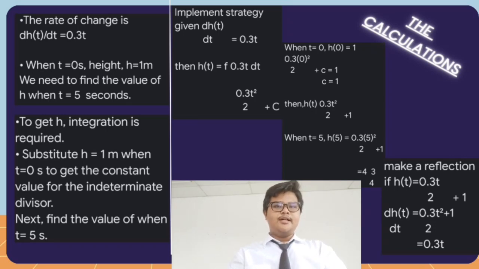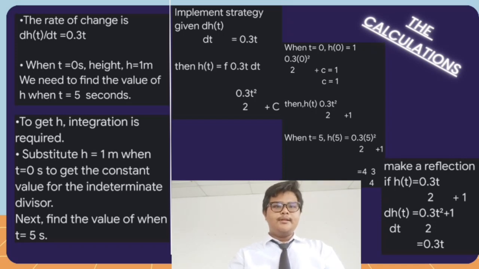Given dH per dt equals 0.3t, then H(t) equals the integral of 0.3t dt, which is 0.3t power of 2 over 2 plus c.